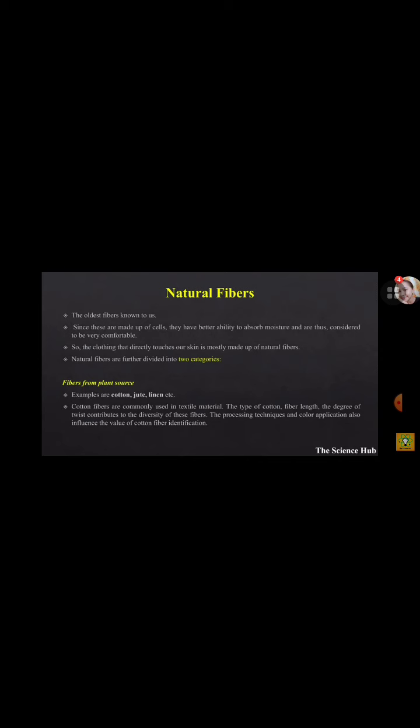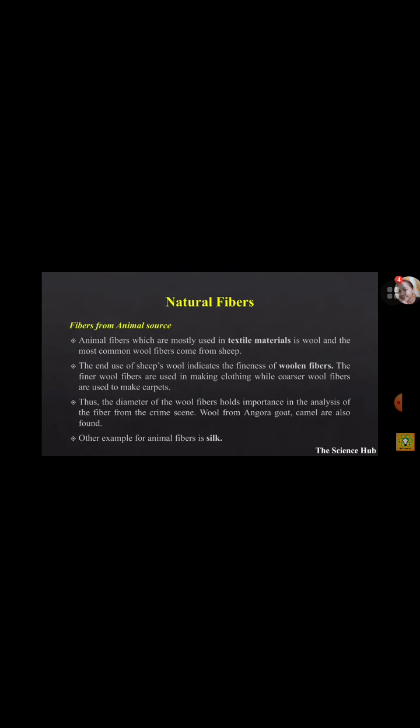Cotton fibers are commonly used in the textile market. The type of cotton fiber, length, and the degree of twist contribute to the diversity of these fibers. The processing techniques and color application also influence the value of cotton fiber identification. Then fibers from animal source.